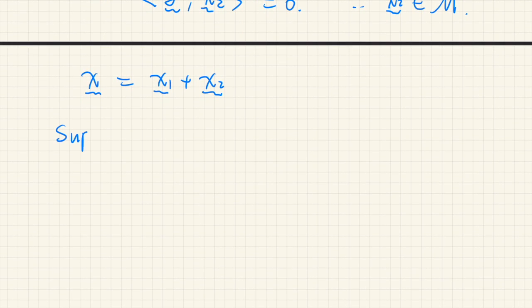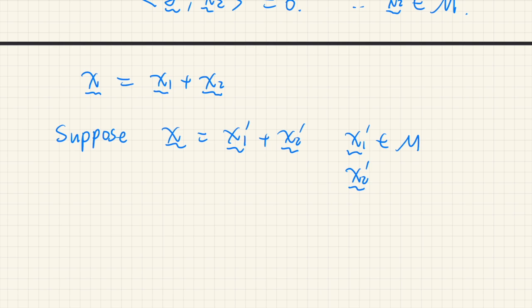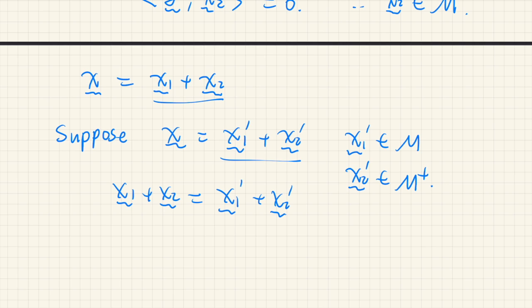Suppose we have another decomposition, x1 prime plus x2 prime, where x1 prime belongs to M and x2 prime belongs to M complement. Then x1 plus x2 equals x1 prime plus x2 prime.